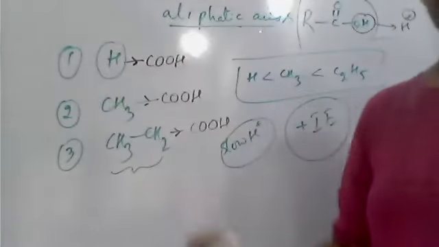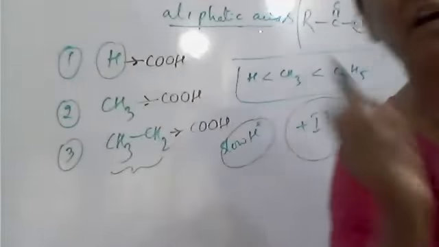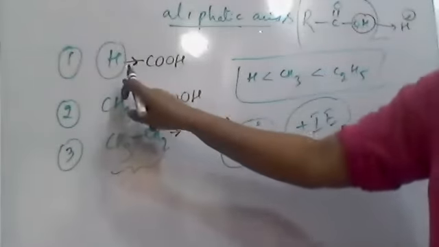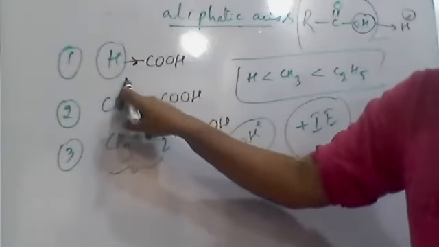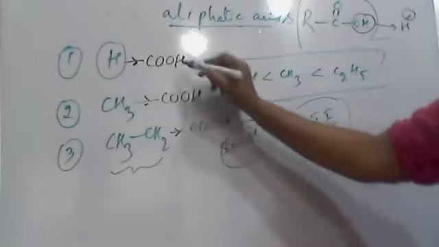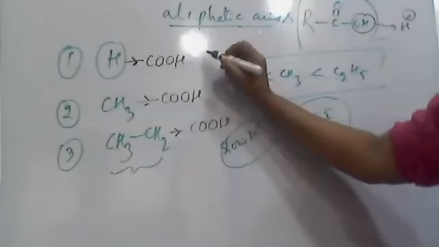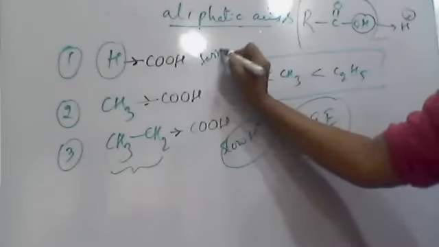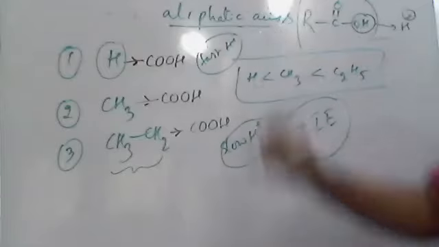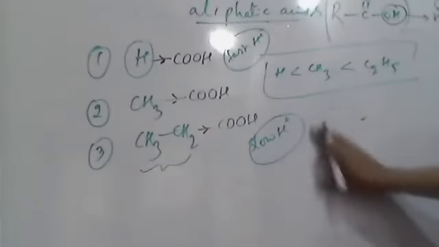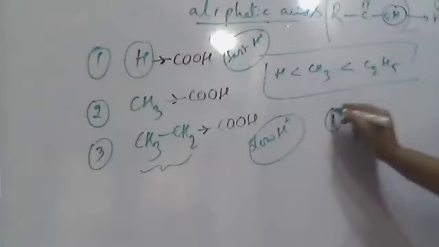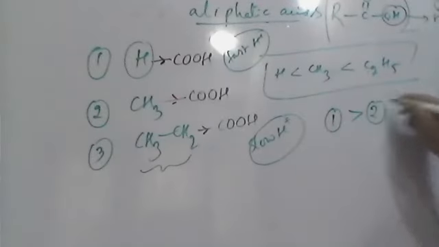It can donate an electron, but only one electron, so its electron donating capacity is less. Therefore, compared to these two, this is the stronger acid, which donates the proton fast. So here the order of acid strength: the first one is stronger, next the second one, then the third one.